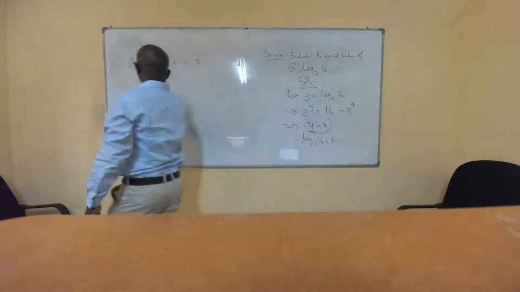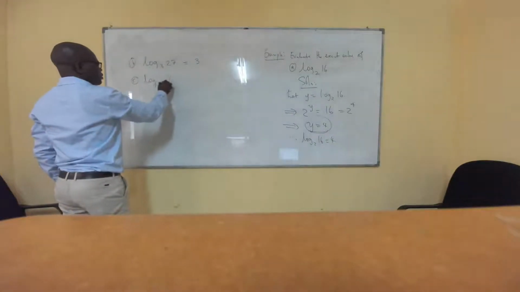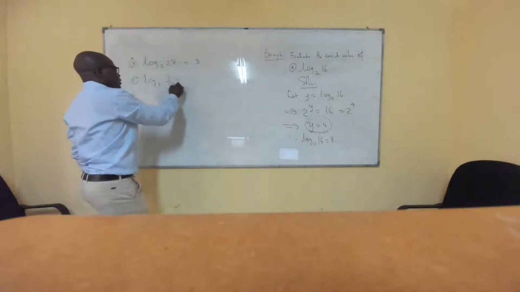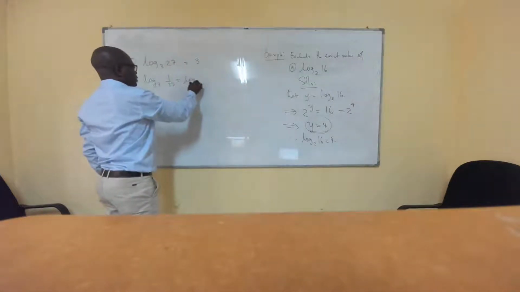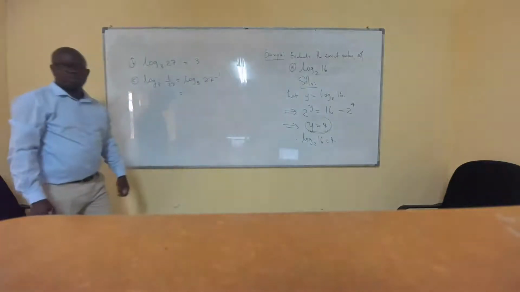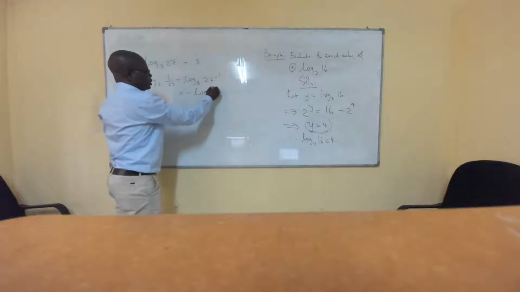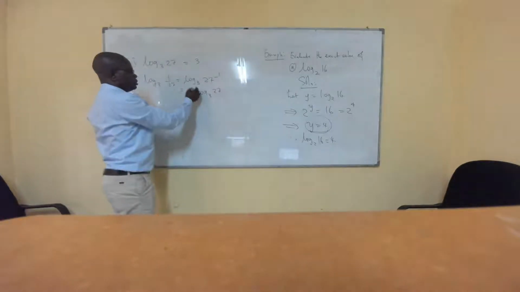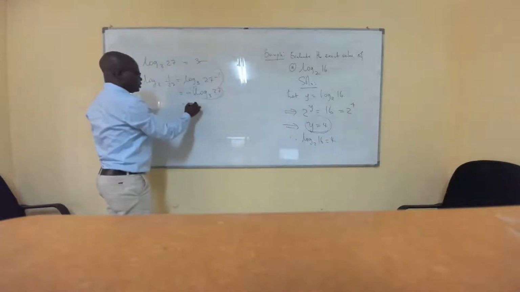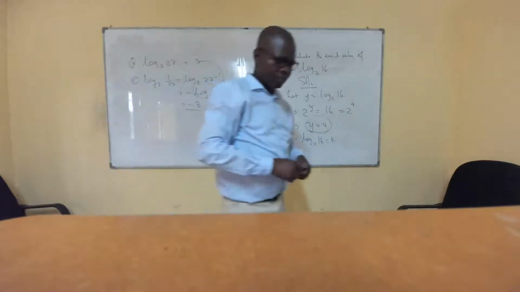Similarly, if you have log to base 3 of 1/27, you can write this as log to base 3 of 27 to the power minus 1. Using properties of logs, you can write this as minus log to base 3 of 27, and you know from here it is 3. So this will give us minus 3.